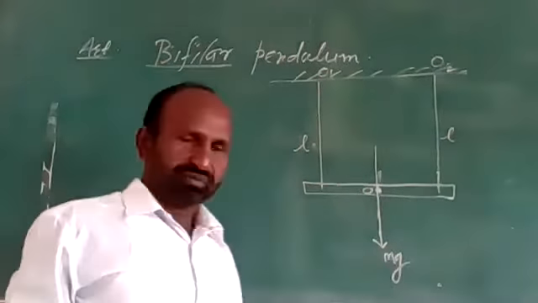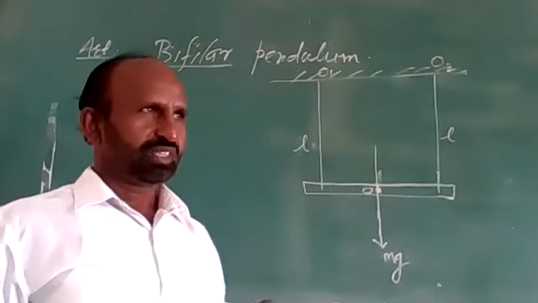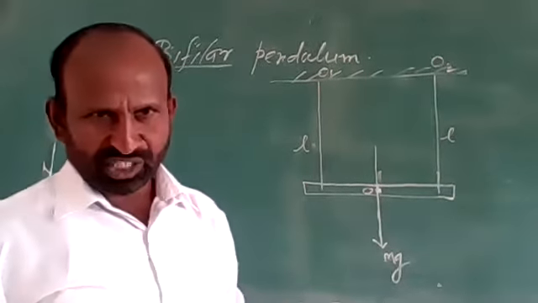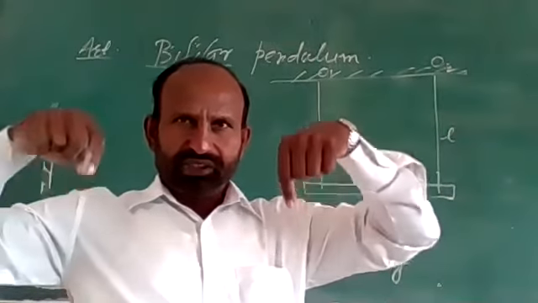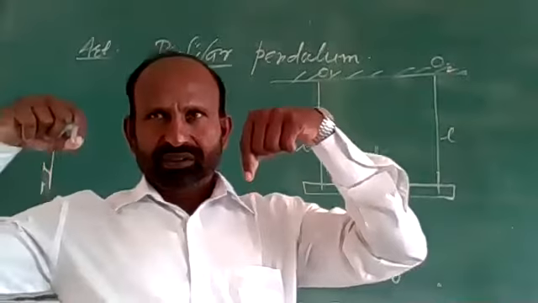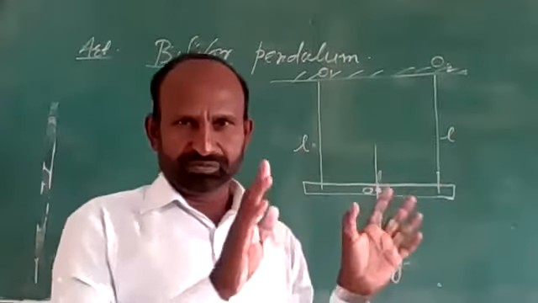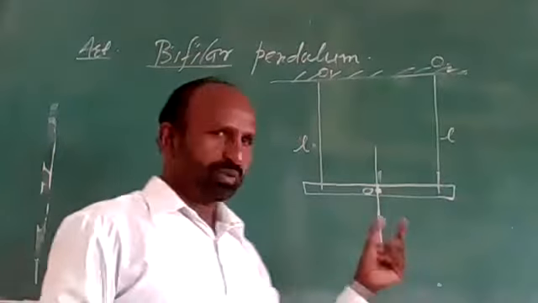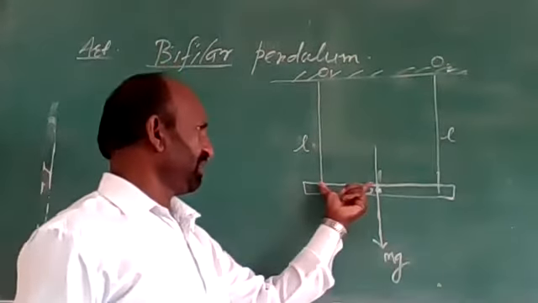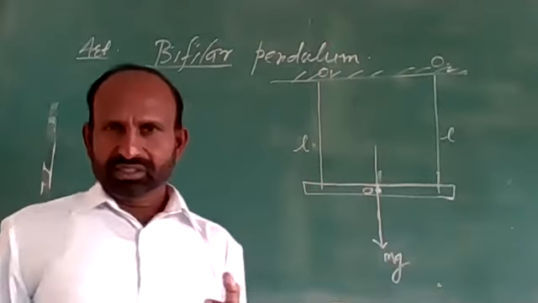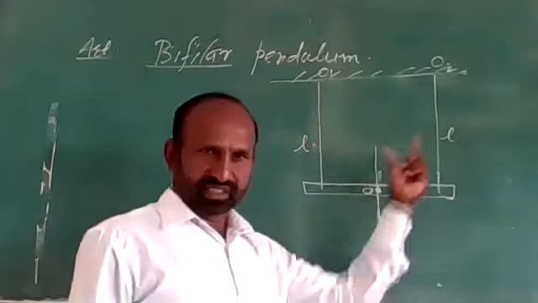Here the threads are identical, they are parallel, they are equidistant, their length is same. Therefore, the total weight of the bar is distributed or divided equally among the two threads. If the bar is of 1 kilogram, then half weight of that bar will be balanced by thread 1 and another half by another thread.